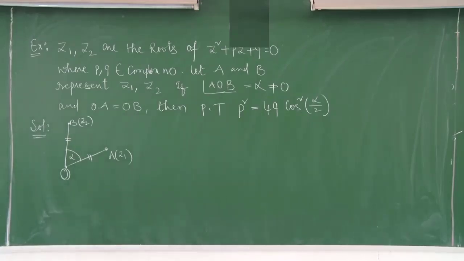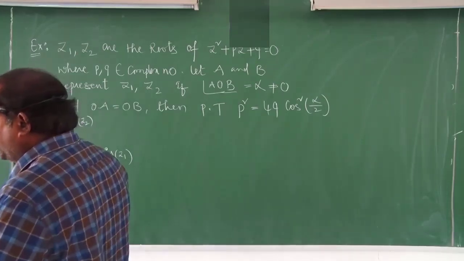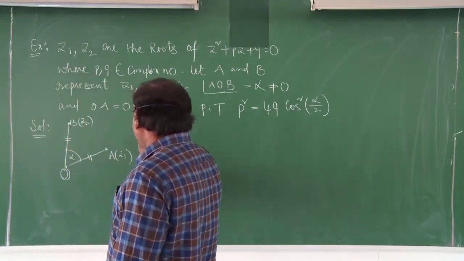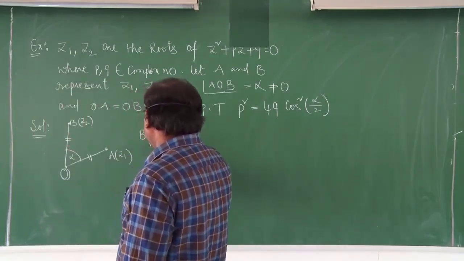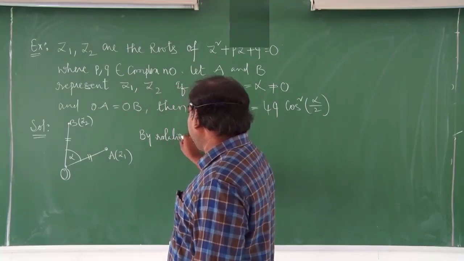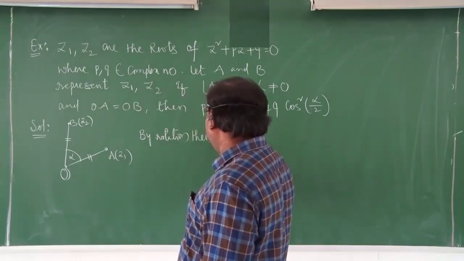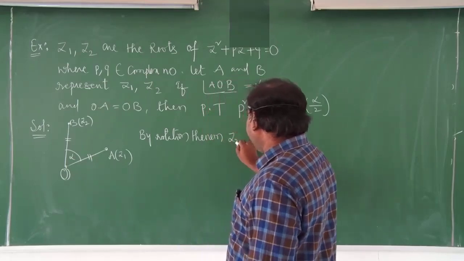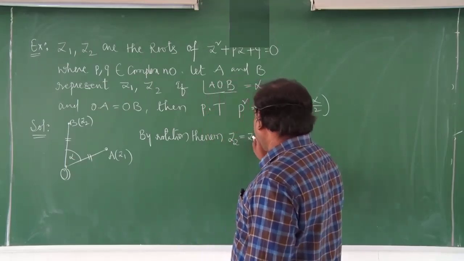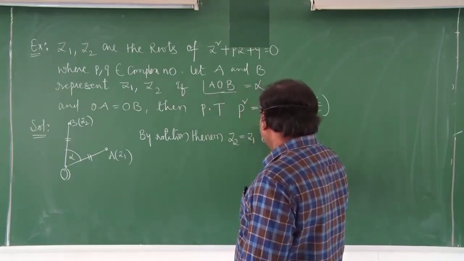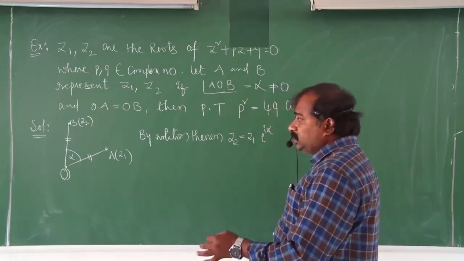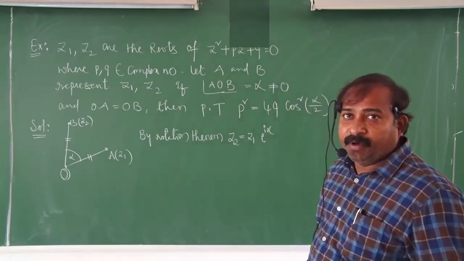Here my question is, how can you derive the relation between Z2 and Z1? By the rotation theorem, Z2 equals Z1 into e power i alpha. We already gave this rotation theorem, ma'am.